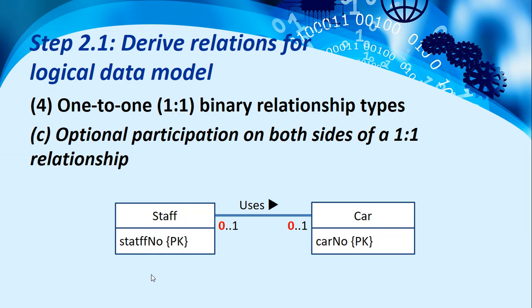Anyway, we have an example. And let's say staff, iba na to by the way. This is a different relationships no, staff and then car. So staff, so 0, so which means optional lang yung participation is staff. So which means na not all staff uses a car.